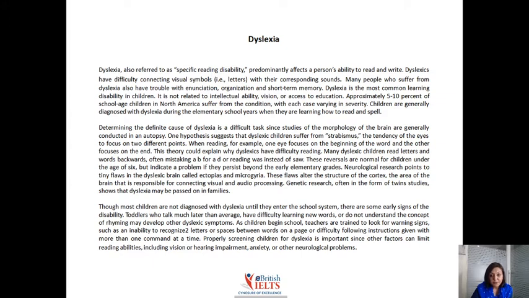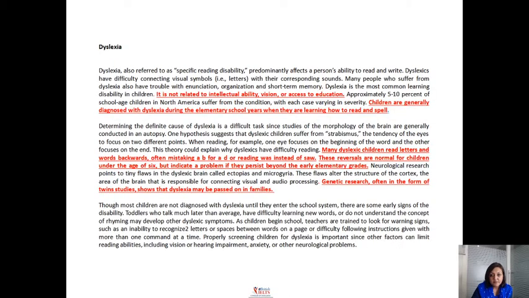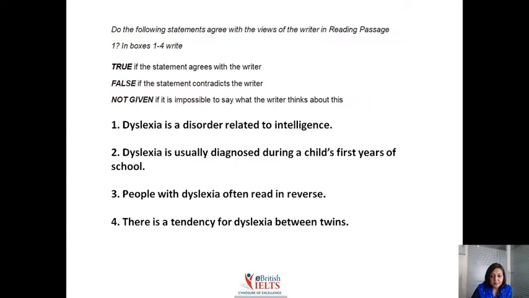When I come to line number 4, I see there's something about intellectual ability mentioned here. So I have highlighted this out for you. In the fourth line, we see it is not related to intellectual ability, vision, or access to education, the text says. Now, it is not related to intellectual ability.